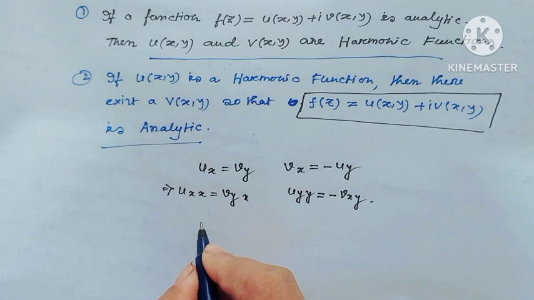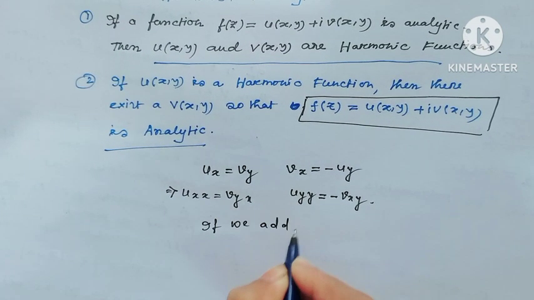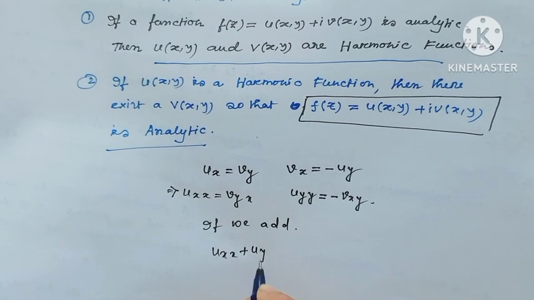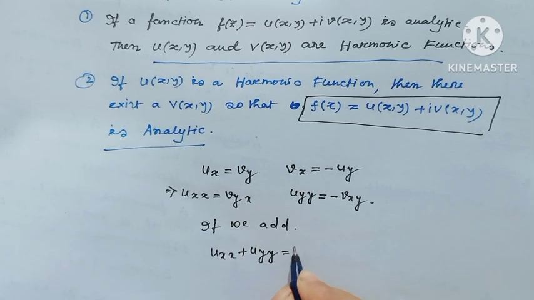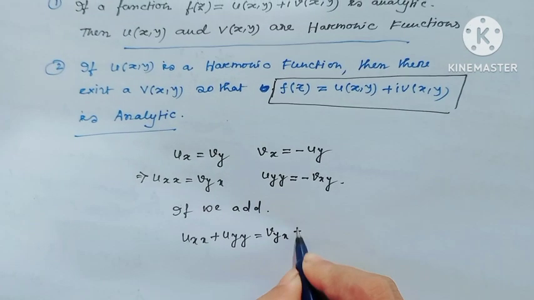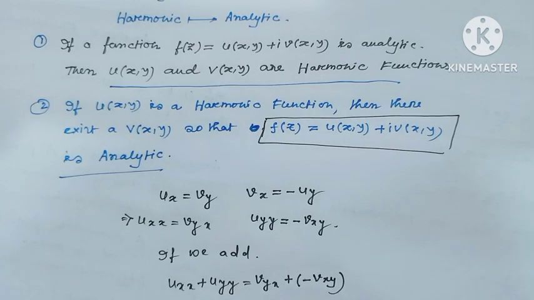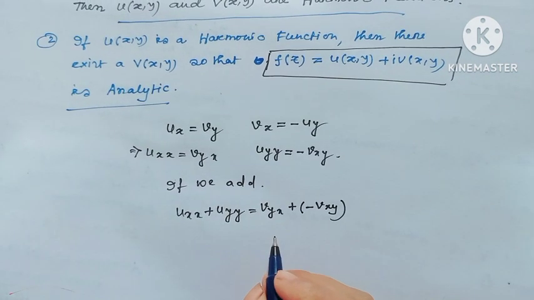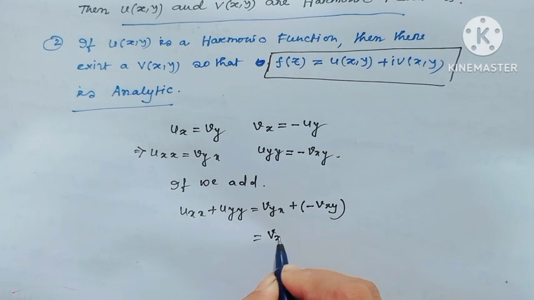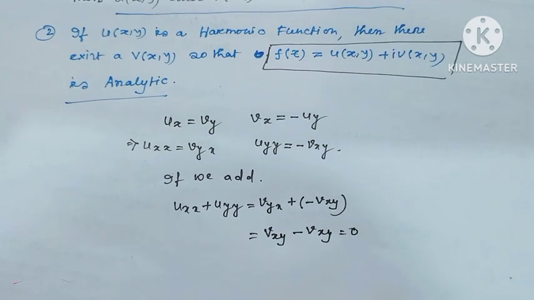If we add, then u_xx + u_yy = v_yx - v_xy. Since v_yx = v_xy, this is equal to 0.